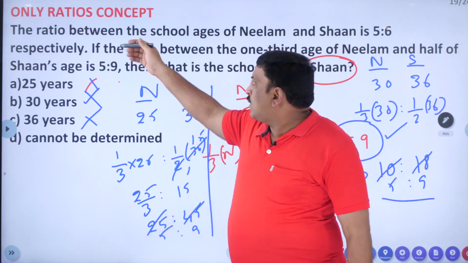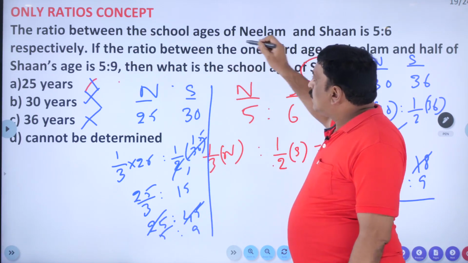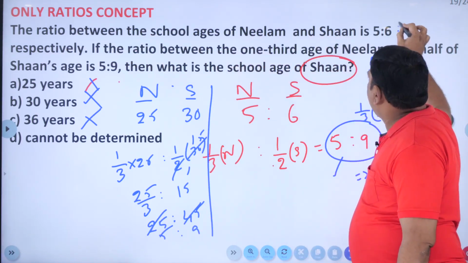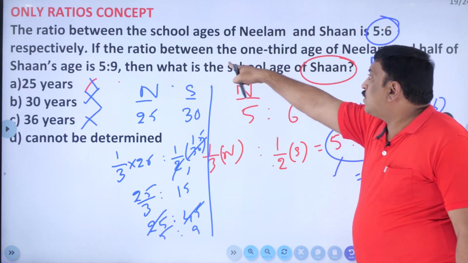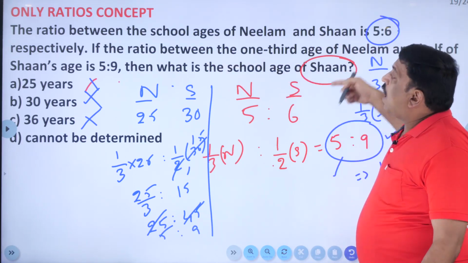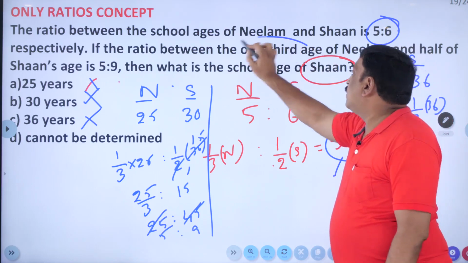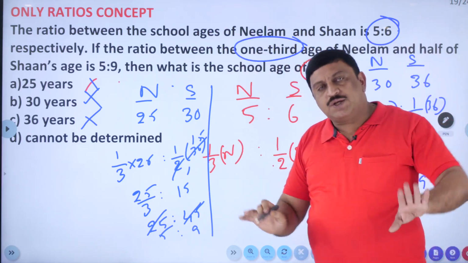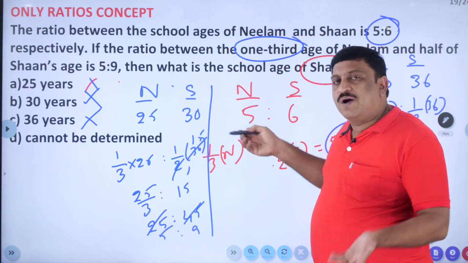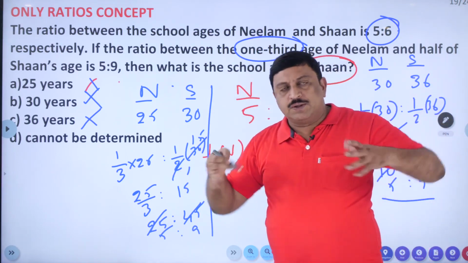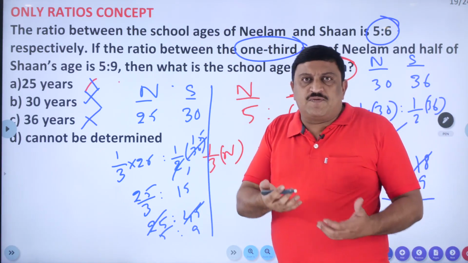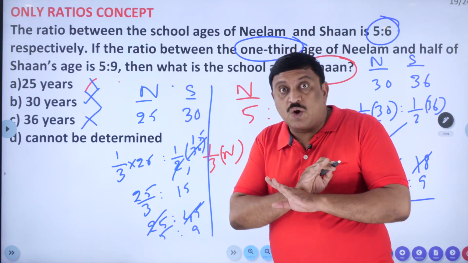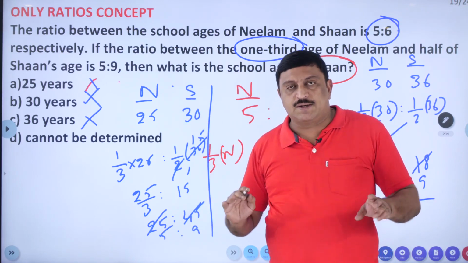But did they have any such data here? See, the ratio between the ages of Neelam and Shan is 5:6 respectively. Okay, fine, ratio. And the ratio between 1/3 of Neelam's age and half of Shan's age, again, 1/3 is also a ratio. And half, what is half? Half is nothing but a ratio. So there is no after 10 years, before 10 years like that. So for these types of questions, you should not touch them.